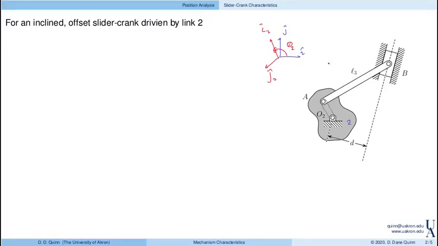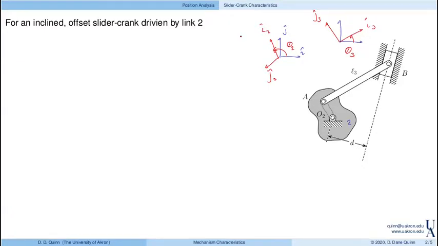Notice here, theta 2 is given; it looks like it's about 120 degrees or so from horizontal. And then we'll take I3 and J3 to be in the direction of link 3, with the angle theta 3.